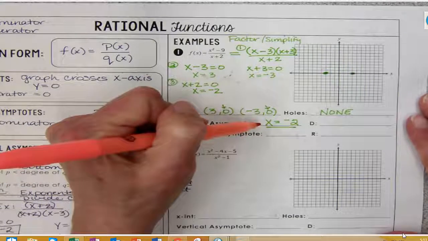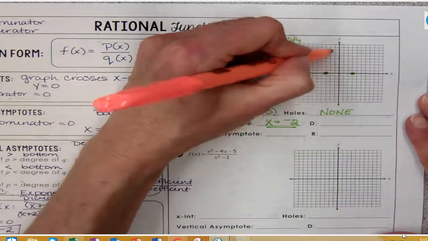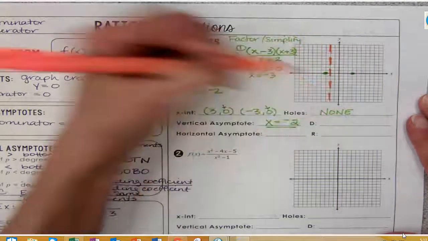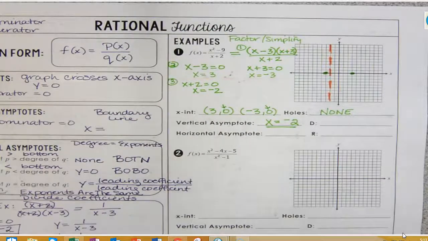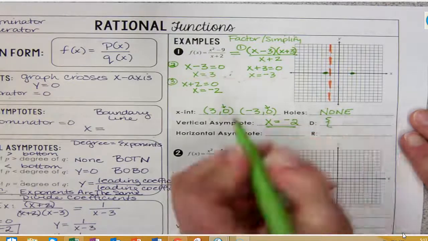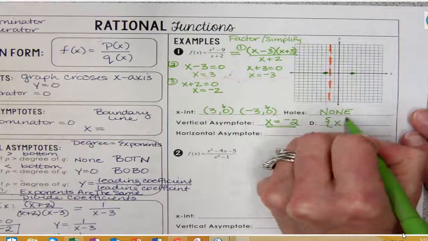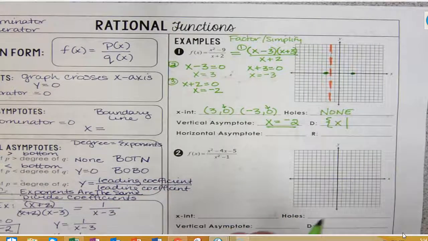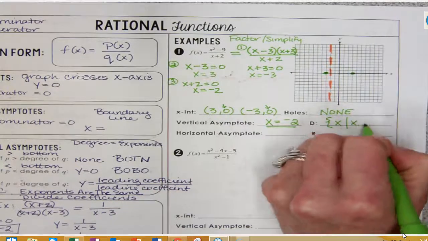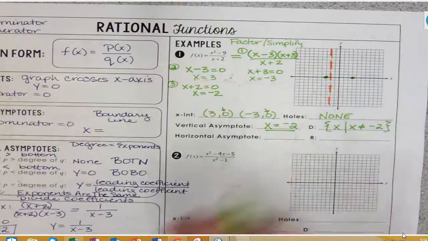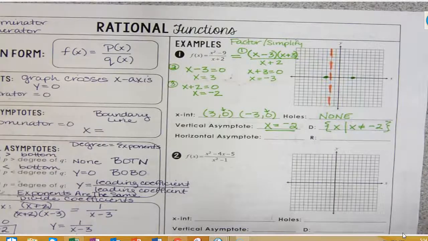So I'm going to put my asymptote here at negative 2, and I'm just going to go ahead and draw my vertical line at x equals negative 2. Then I can go ahead and determine that my domain is going to be x cannot equal negative 2. And since I don't have any holes, I don't have to worry about another value.